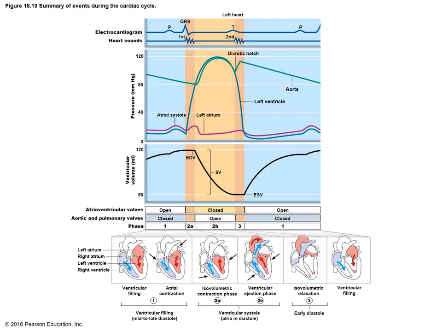The next part of the graph is looking at the pressure, and it's comparing the pressure along the aorta and the ventricles versus the atria, and you can see how it's increasing and decreasing. It's also looking at the volume in the ventricles. And then the next section is looking at the valves, which is very interesting for you to follow. It hopefully will help piece everything together, as well as the pictures on the bottom of when the ventricles are filling, which valves are open.